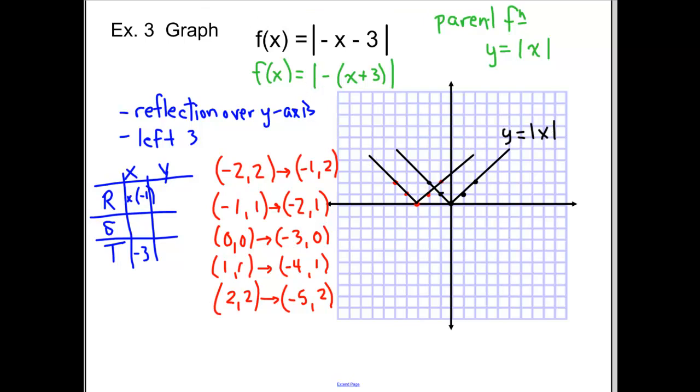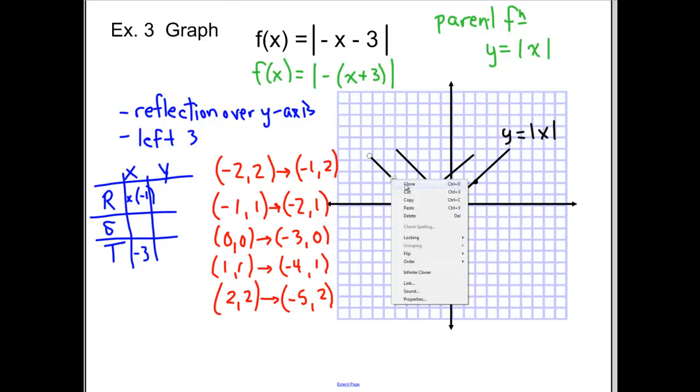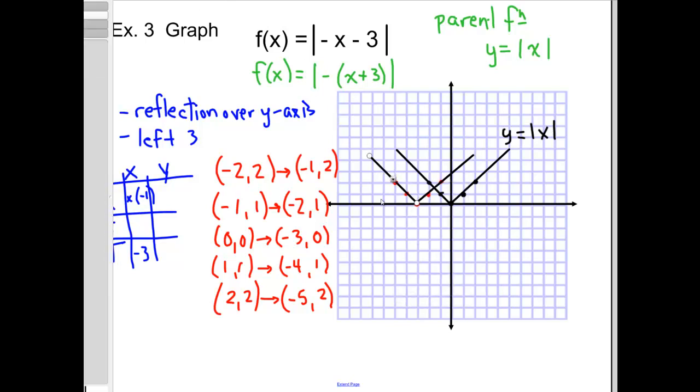See if I can change the color here. I'll make them red. Makes more sense for these lines, I think. Perfect.